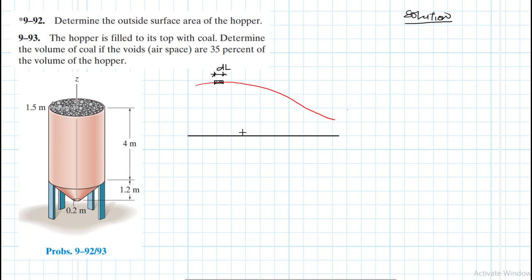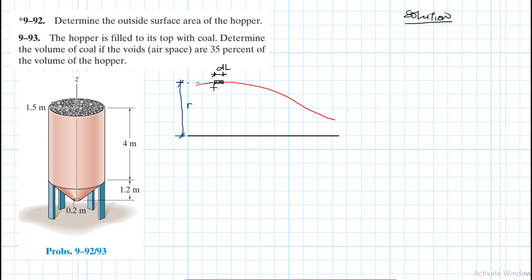At this very point here, this small portion of length will have its own radius. You can think of this radius as just some centroidal location for this small length.